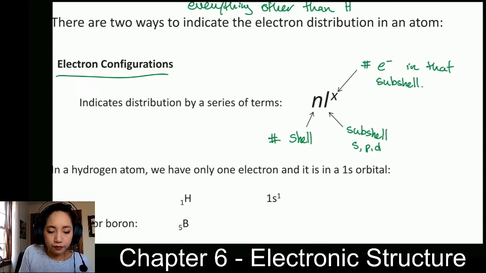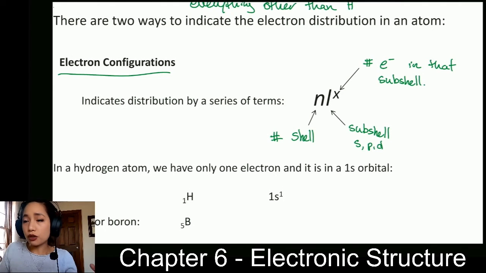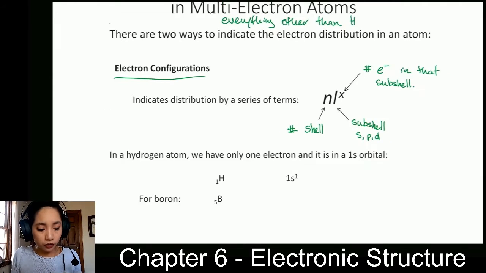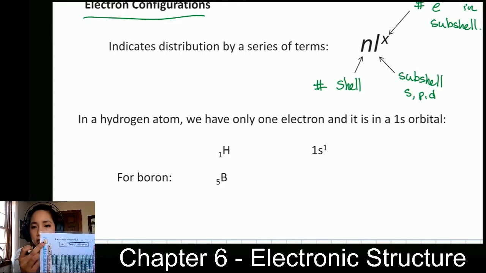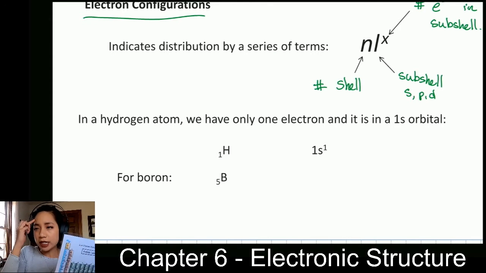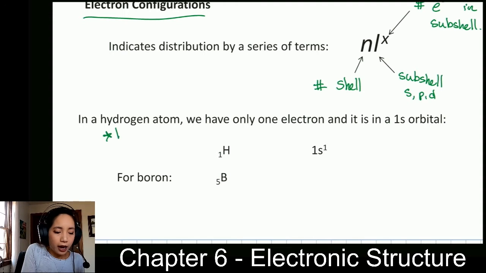So with practice, you'll get how to write out electron configurations. Let's just do an example here of how to write the electron configuration for a hydrogen atom. I see hydrogen is right here on the periodic table. You want to ask yourself, how many electrons are in that element?